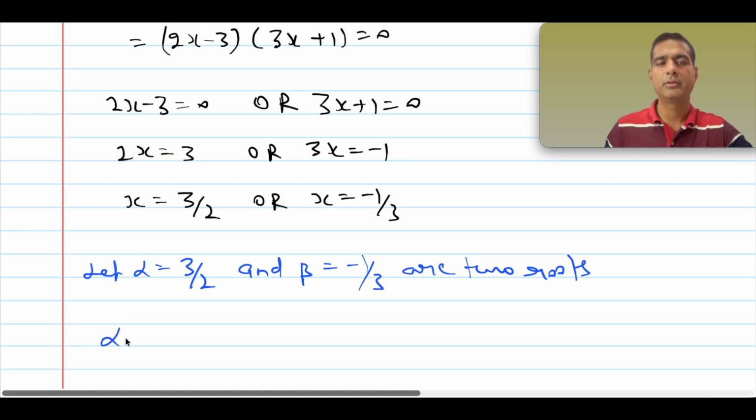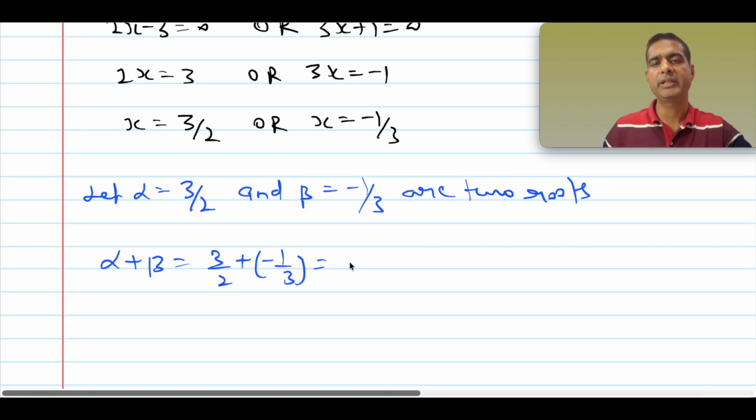So we can find alpha plus beta, their sum: 3 by 2 plus minus 1 by 3. So plus into minus is minus, so I can write it 3 by 2 minus 1 by 3.